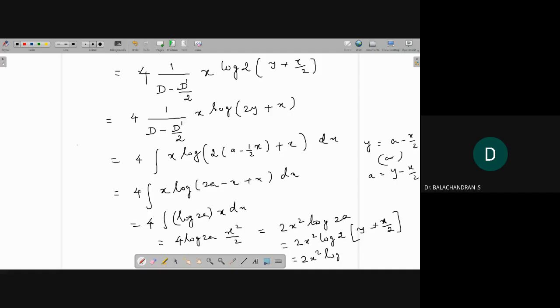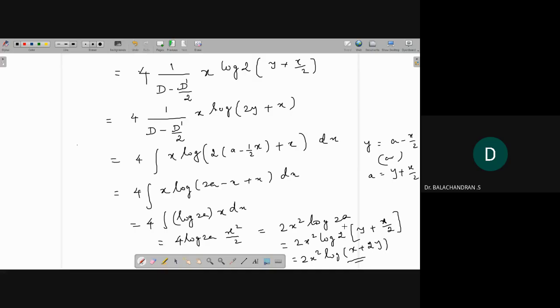I think a is what? A is y plus x by 2. A is y plus x by 2. So here it is 2y plus x, it's 2y plus x or x plus 2y. So this is your PI.